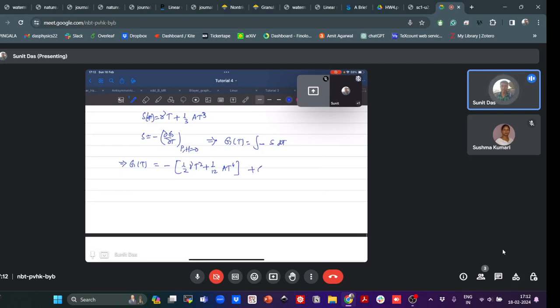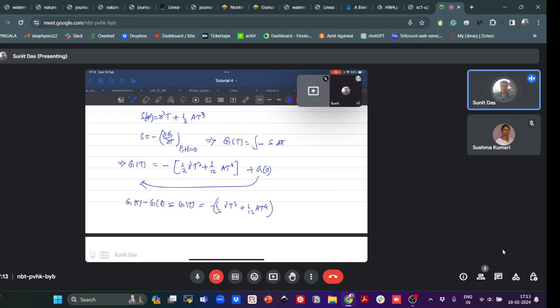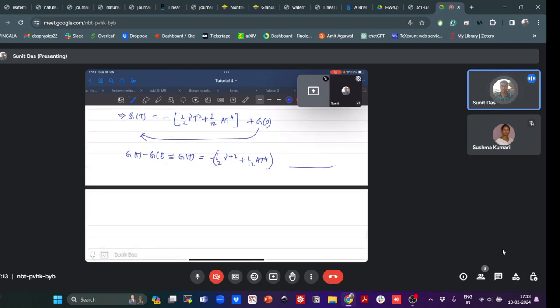So again, there will be some constant, which we write as the constant term. So G(T) minus G0, equivalent to G(T), will be minus half gamma T square plus 1/12 A T to the power 4. Okay, so this is equation number 1.